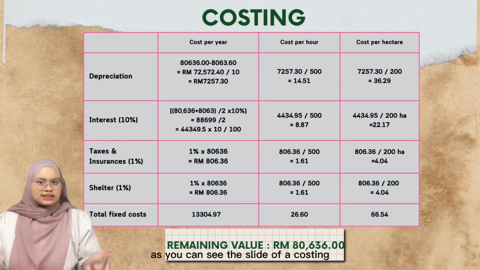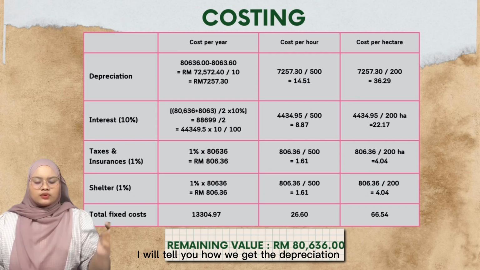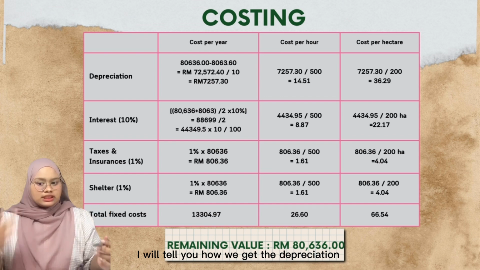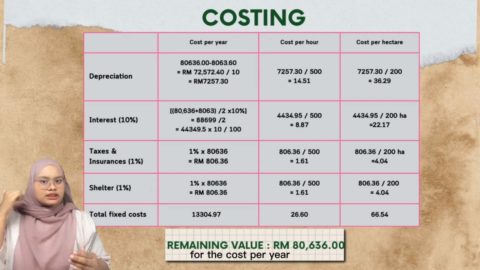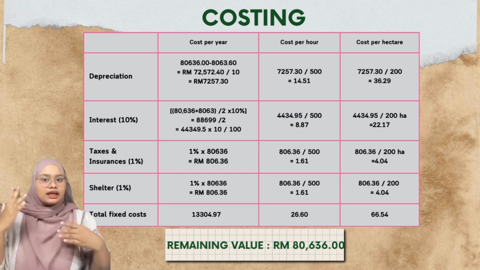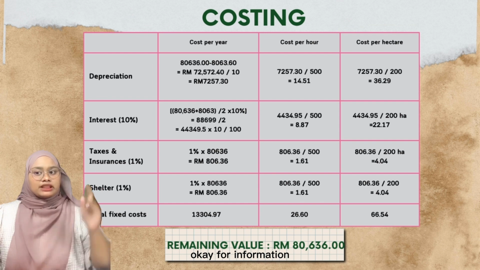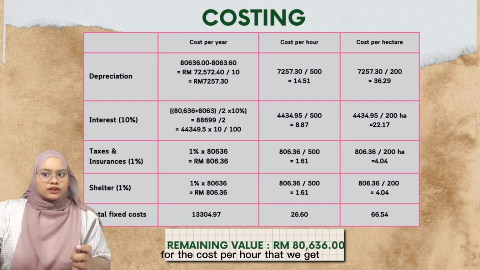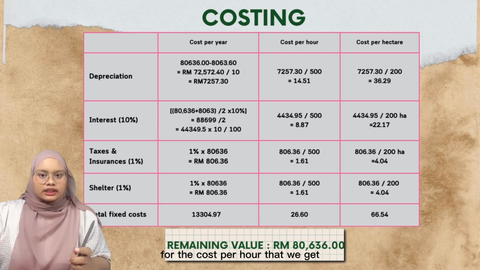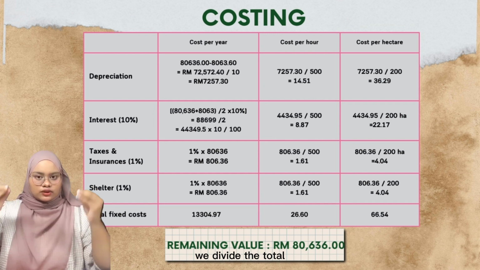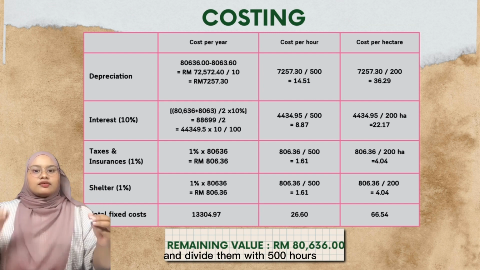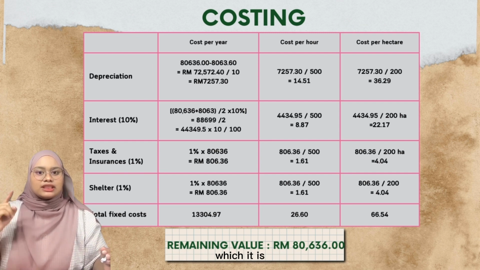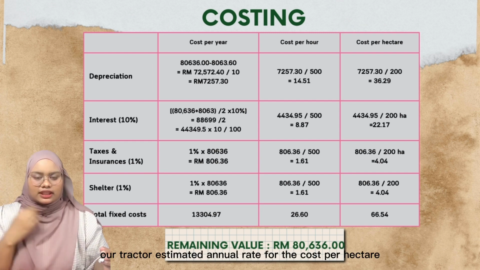As you can see in the slides about costing, I will tell you how we get the depreciation, interest, tax and insurance, and last but not least shelter, for the cost per year, per hour and per hectare. For the cost per hour, we divide the total we calculate for the cost per year by 500 hours, which is our tractor estimated annual rate.